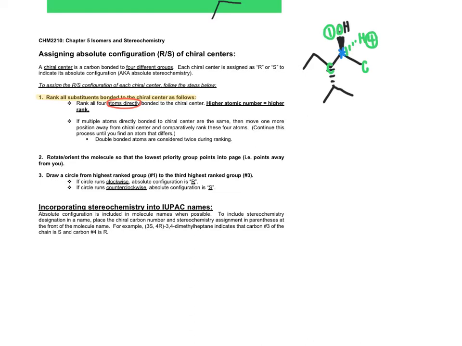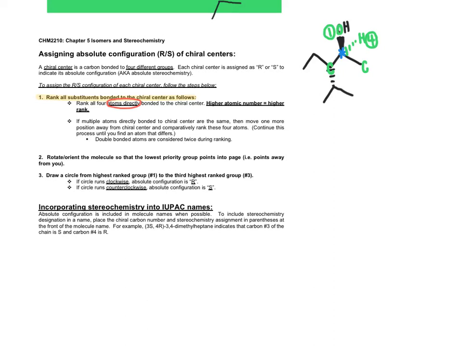So now we have a little bit of a conundrum because we have 2 carbon atoms left to assign, here and here. Those 2 carbon atoms are definitely not part of identical groups, and so we need a way to rank those relative to one another.